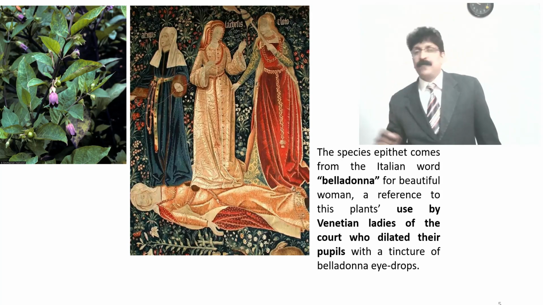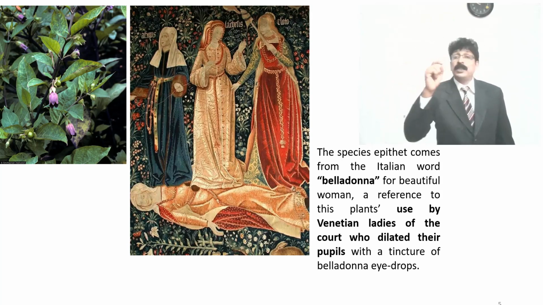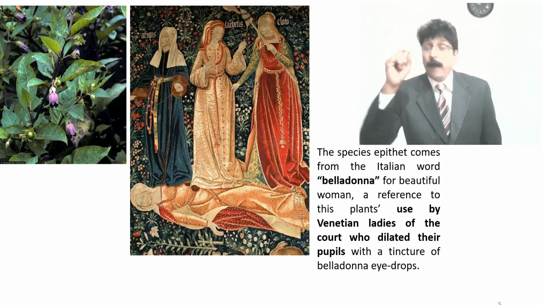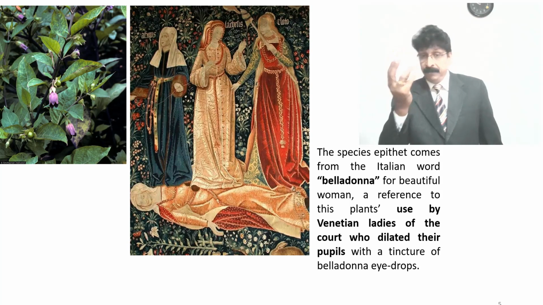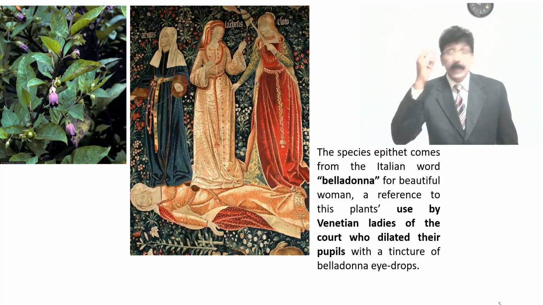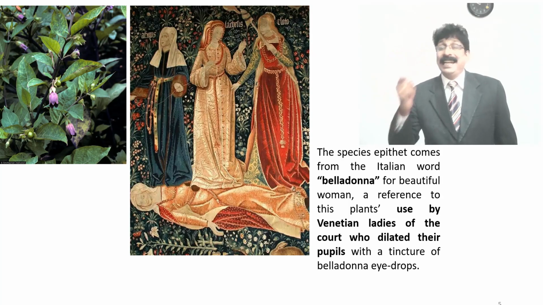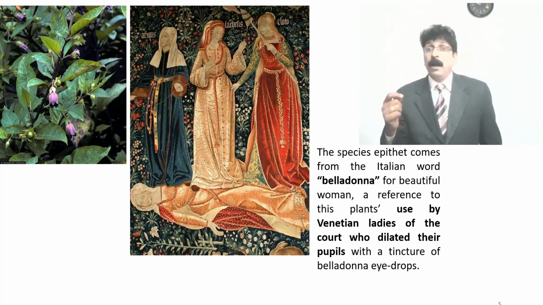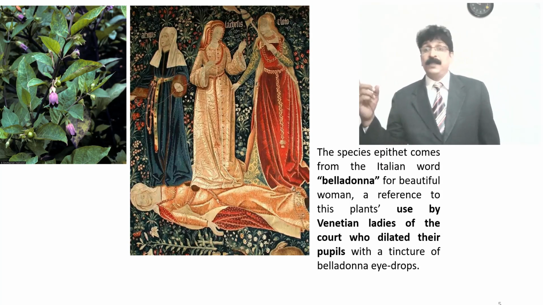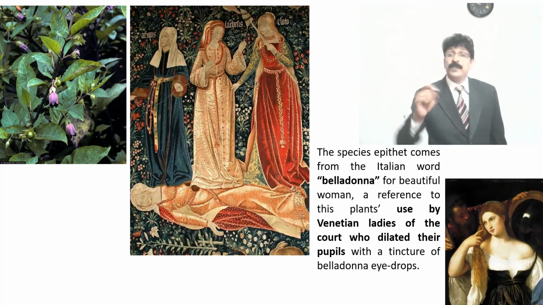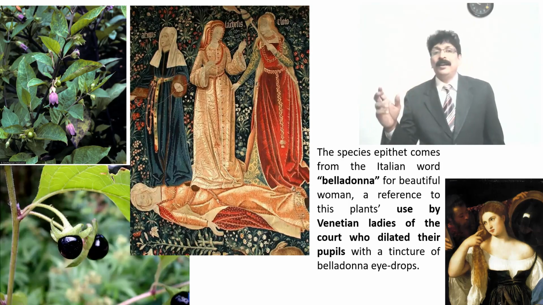When you use this juice, the purple berry as well as the leaf juice, it dilates the pupils because it is an anticholinergic drug, or parasympatholytic drug. Atropine is present, which can dilate the pupil. Mydriasis will take place with the tincture of belladonna eye drops, which makes the lady beautiful.